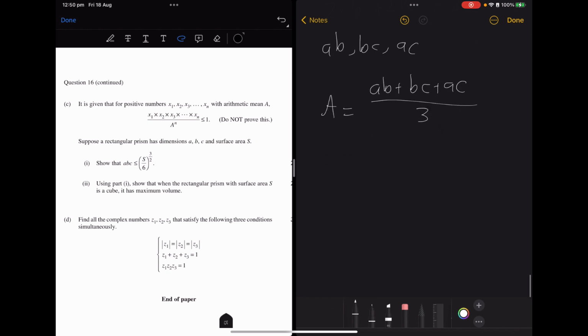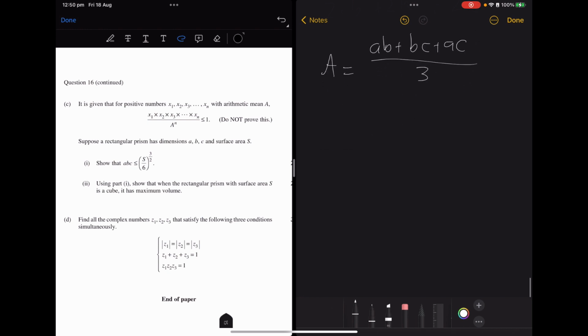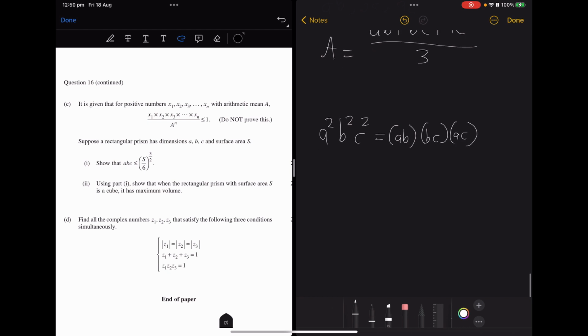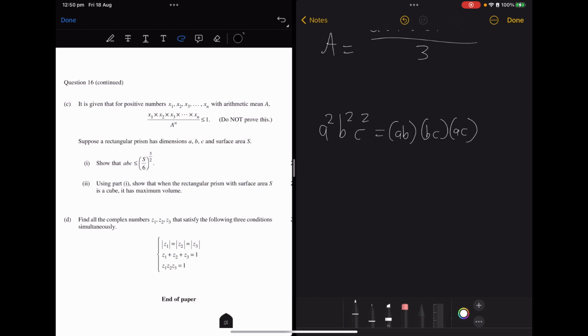And therefore, we can use the result with, how about A squared, B squared, C squared? So this is just AB times BC times AC, which is less than or equal to the arithmetic mean to the power of 3.